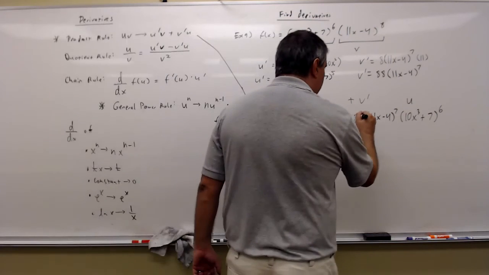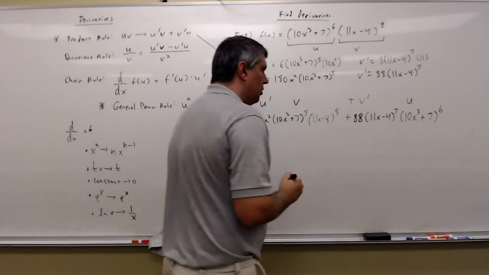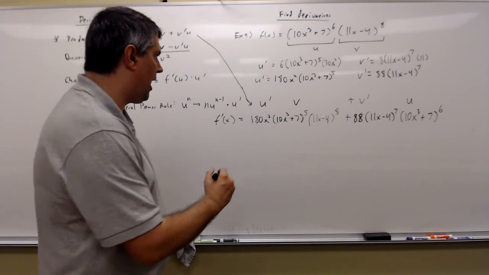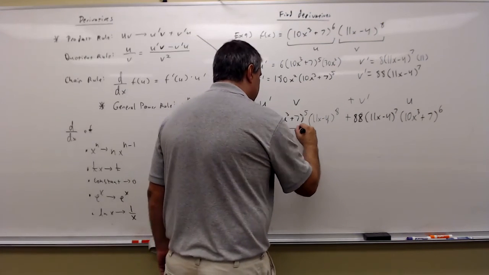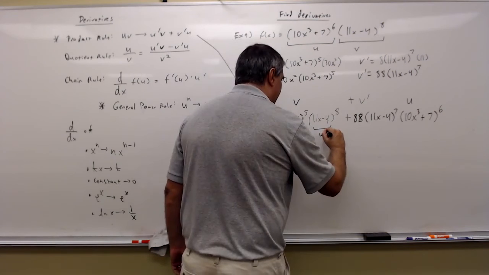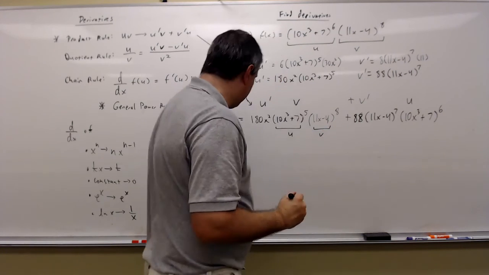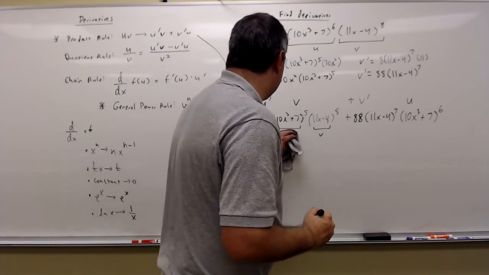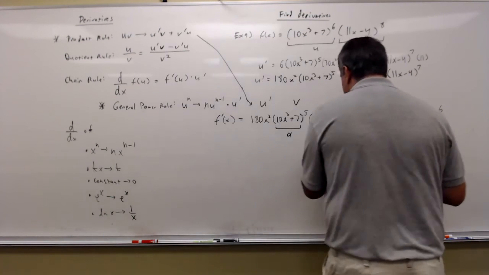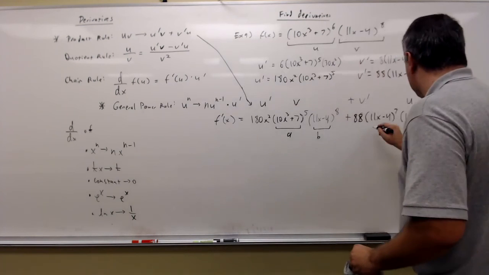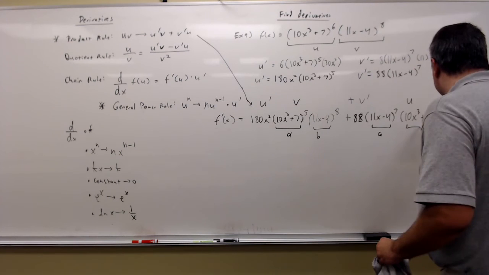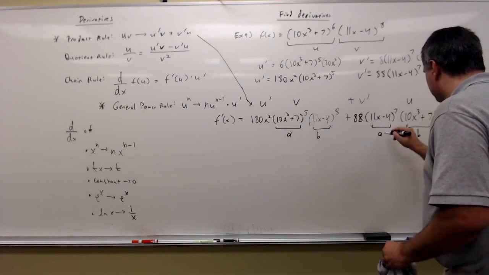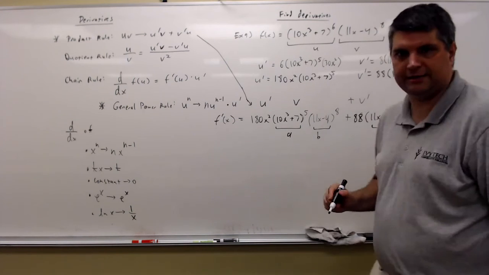A lot of people would factor, so we'll go ahead and do that step as well. I'll let this be u, just this. I'll let this be v for the second part. Or how about, just to avoid confusion, I'll let this be a. I'll let this be b. I'll let this be a. I'll let this be b. I suppose that would make this a little bit easier to factor.